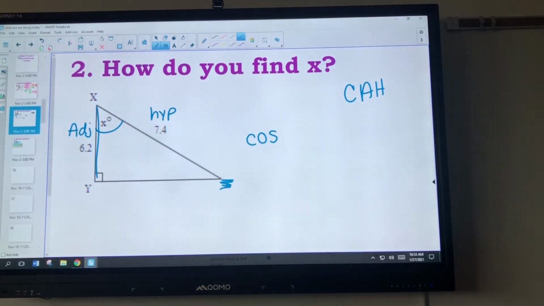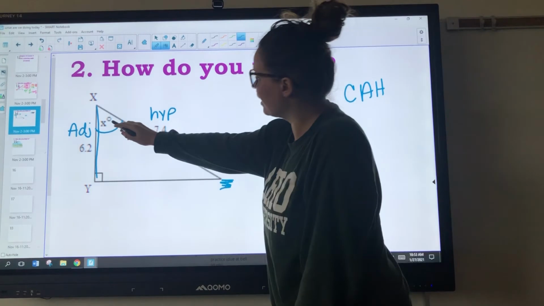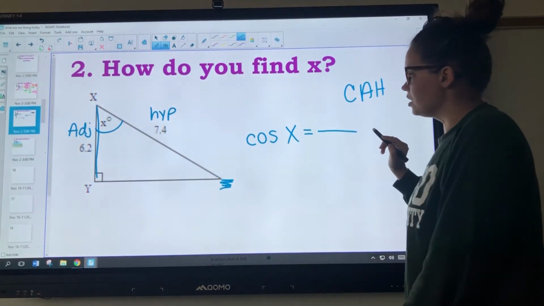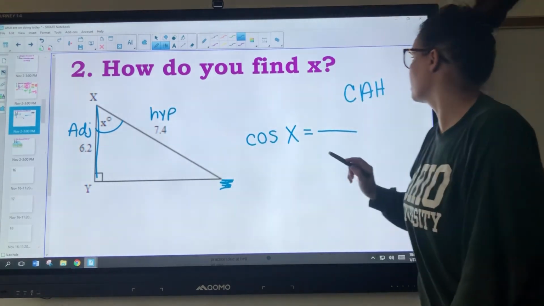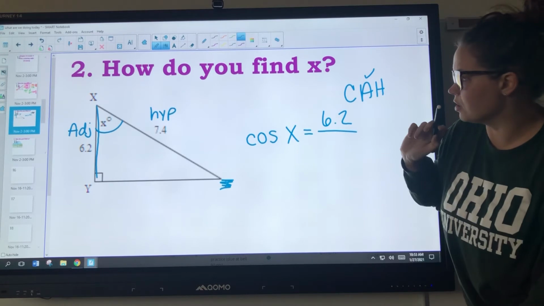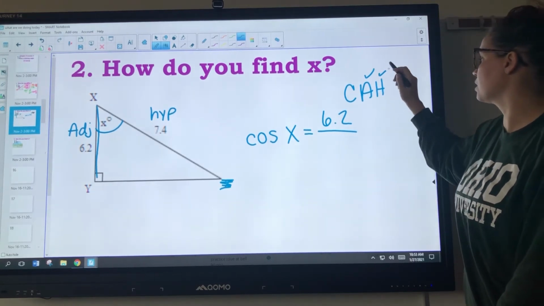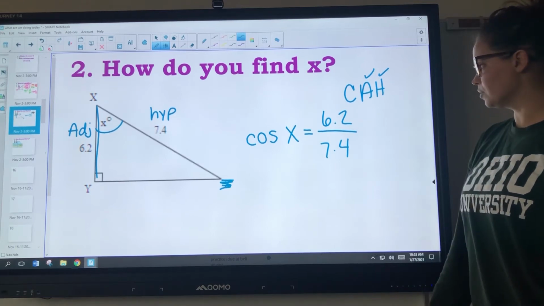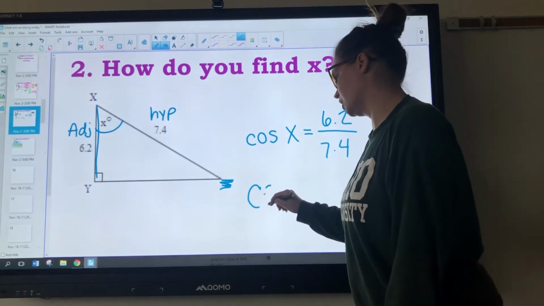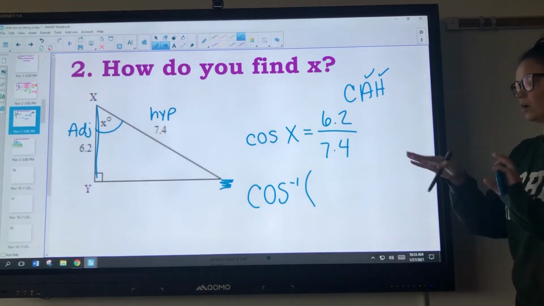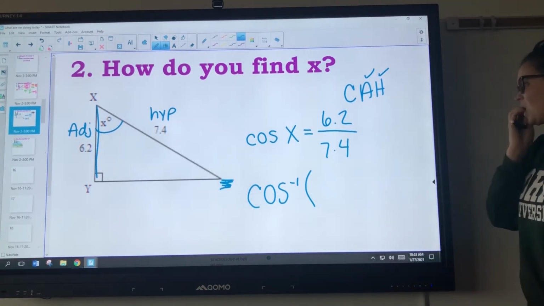And now we plug in everything where it goes. The x is the angle, so it goes next to cosine. The 6.2 is the adjacent, so it has to go on the top. The 7.4 is the hypotenuse, it goes on the bottom. Okay, we don't need to cross multiply in this one. Again, we're hitting second cosine, or inverse cosine, or wherever that button is on the Desmos calculator.